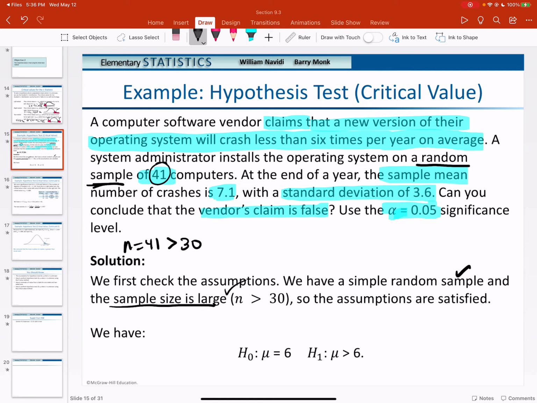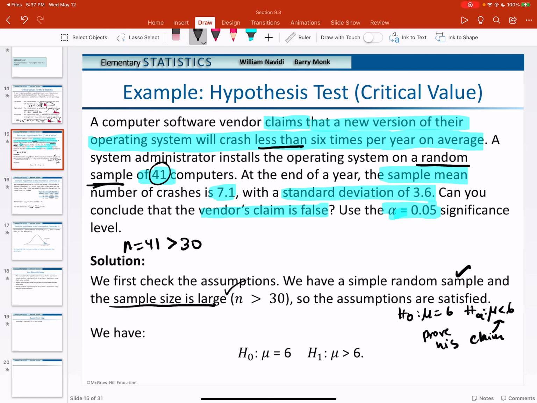I know that sometimes we say less than. If you had set it up like that, which is what the word less than seems to imply, that would be if you're just trying to prove his claim.